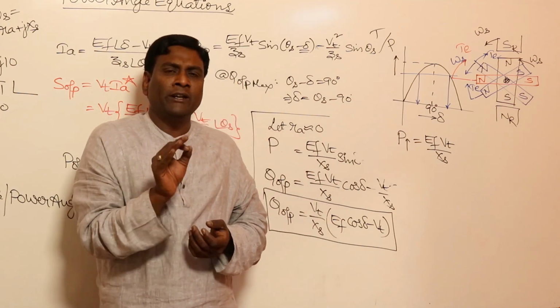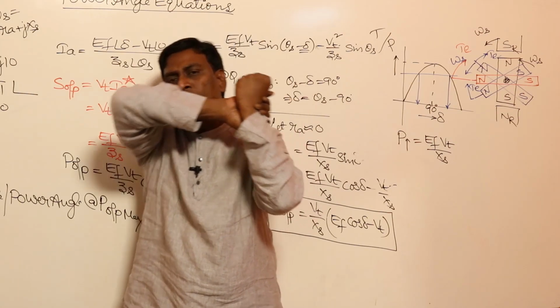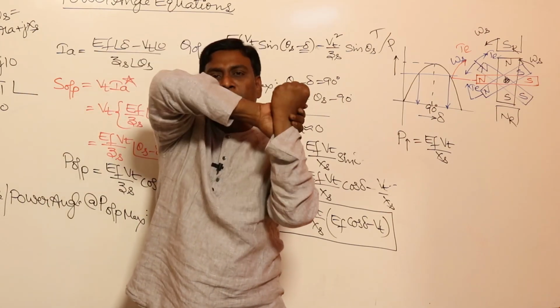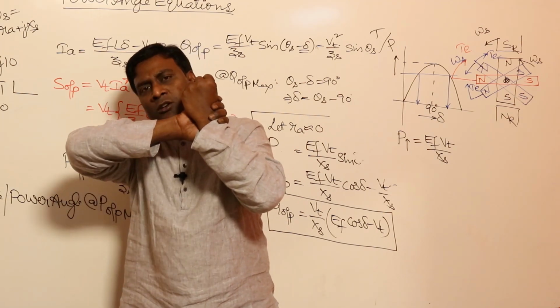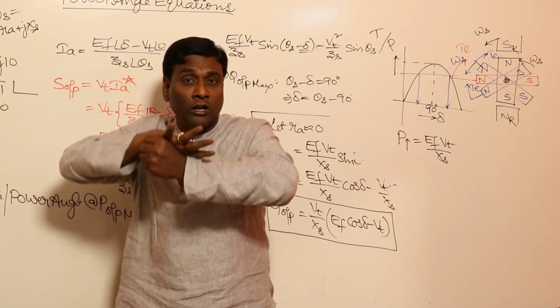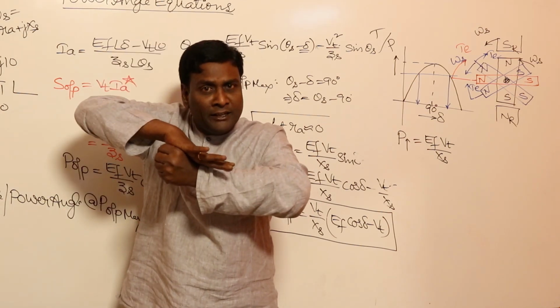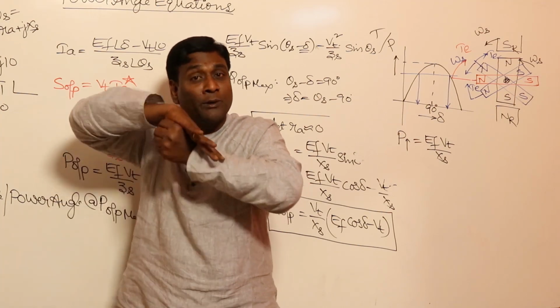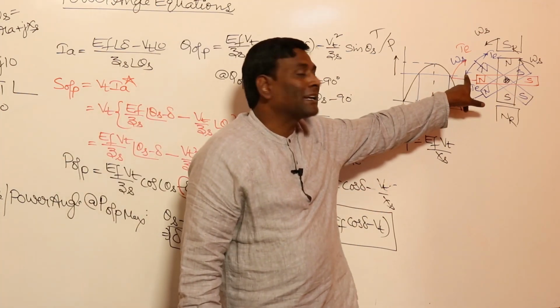The point here is very simple. If I keep it here and my prime mover input is more, then when my prime mover torque equals the back torque, it will be stable. The prime mover torque is increased to maximum. Beyond delta equal to 90, if I increase the power input from the prime mover, the back torque is going to be less, because the back torque is maximum here.